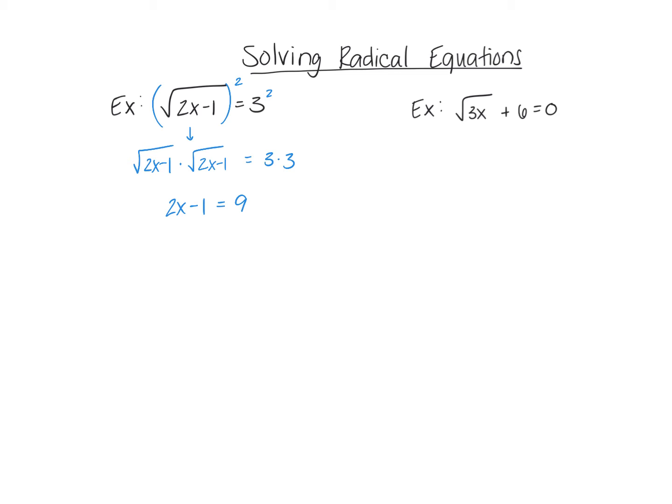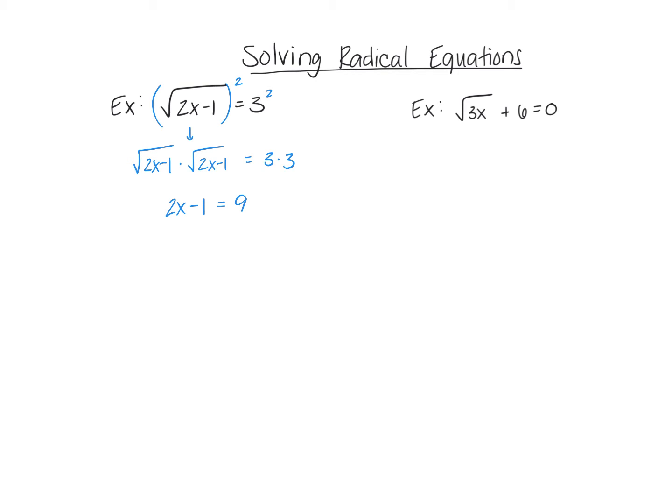Now, in terms of solving a radical equation, what we are looking for is what x value is going to allow us to obtain a real number answer. In terms of a square root, that means the radicand underneath cannot be negative, because the square root of a negative will be imaginary. But if you look at what just happened, when we squared both sides, we are now looking at a linear equation. 2x minus 1 equals 9 is linear.